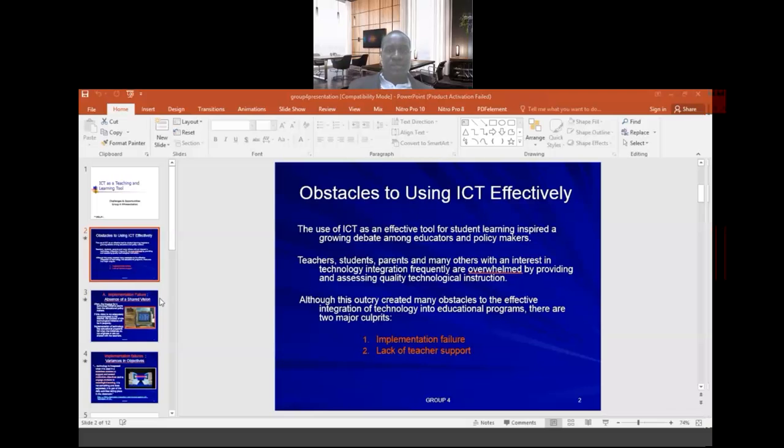We're going to look at implementation failure and lack of teacher support as major contributors to the challenges faced in the education sector as far as the implementation of ICT is concerned. So a number of issues are going to be discussed under those two areas.